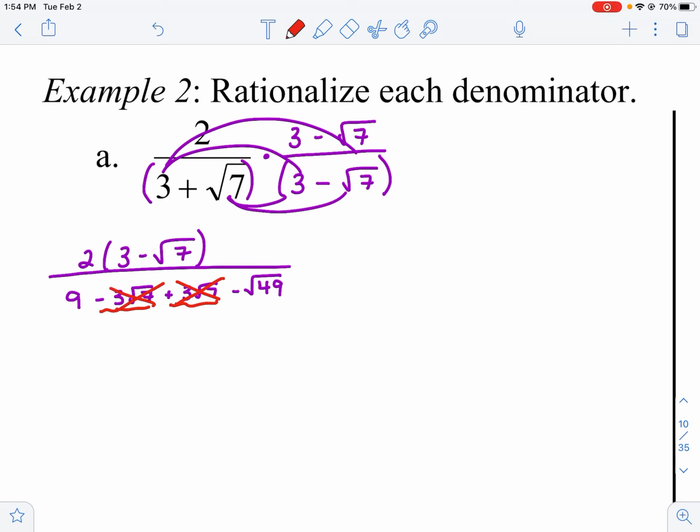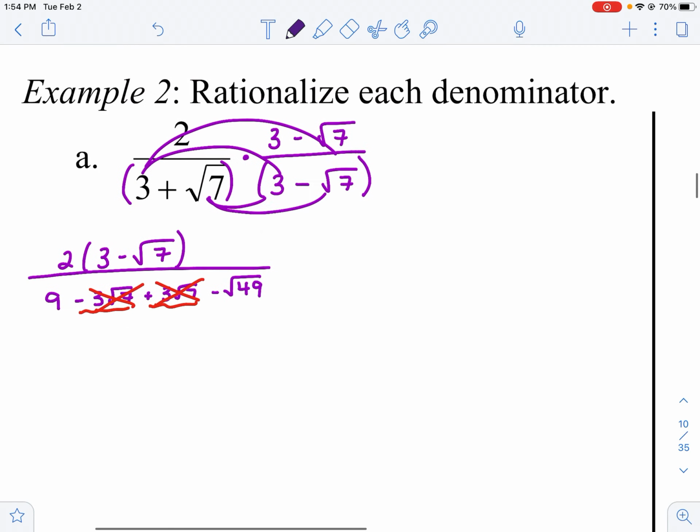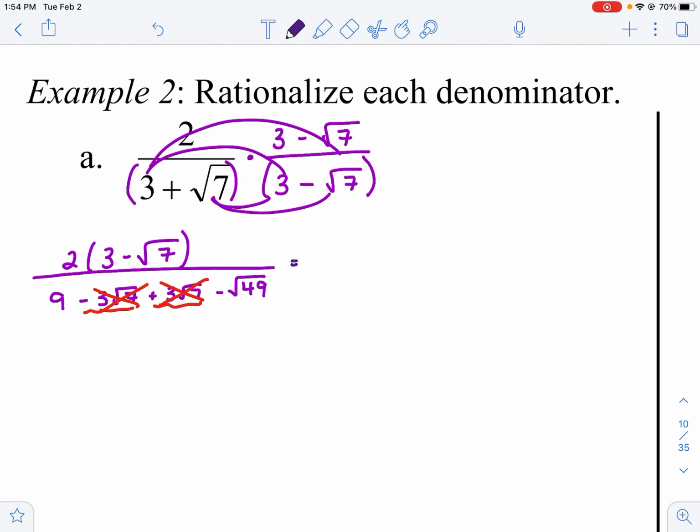That will happen and should happen every single time as long as you multiply by the right terms. So now simplifying, I get 2 times 3 minus the square root of 7 all over 9 minus the square root of 49, which is 7.